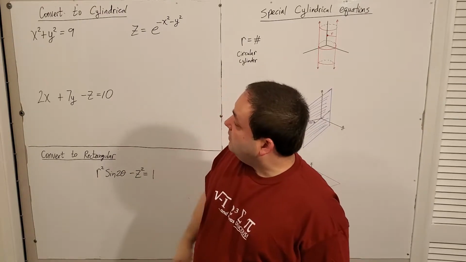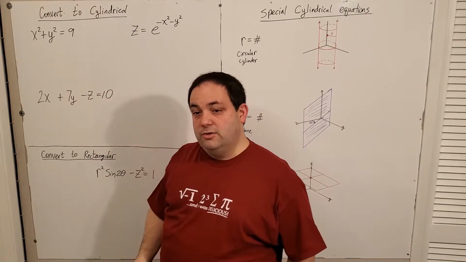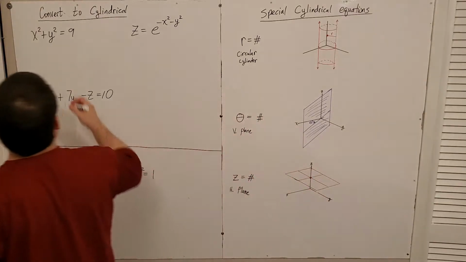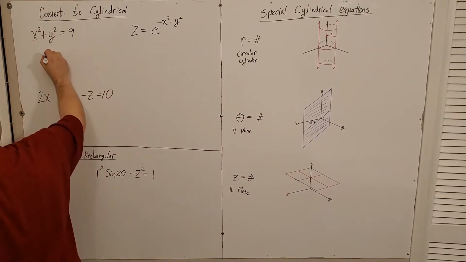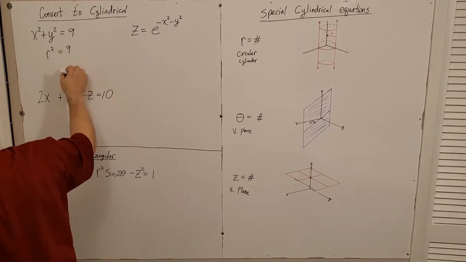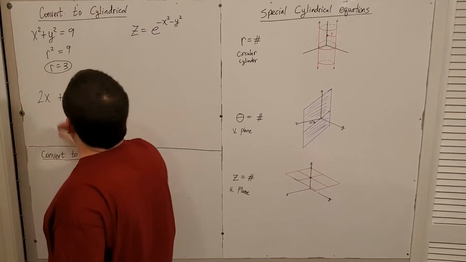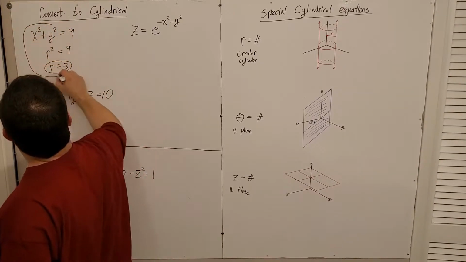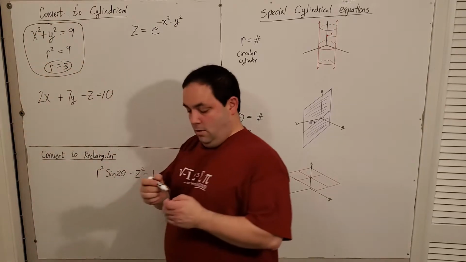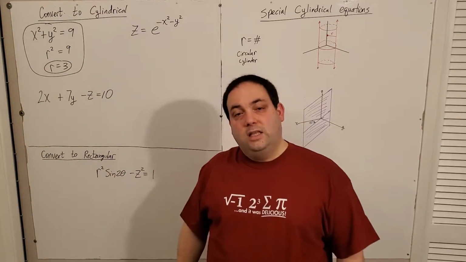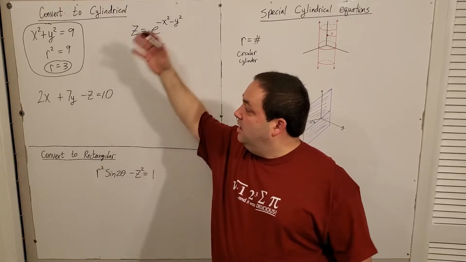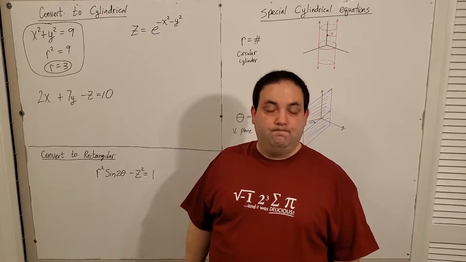Okay, so I can convert this into cylindrical just by saying x squared plus y squared is r squared, and then taking the square root. I'm getting that r is equal to 3 for this guy, right? r equals 3 is the cylindrical coordinate equivalent of that equation. Okay?